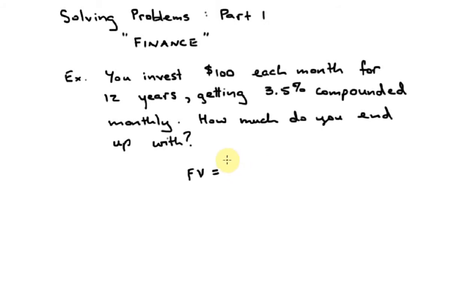You take the regular investments that you make, which I'm going to call R, and then you multiply that by 1 plus the interest rate raised to the number of times that growth occurs, minus 1, and that's all the numerator. And then on the bottom, we have the denominator of the interest rate.